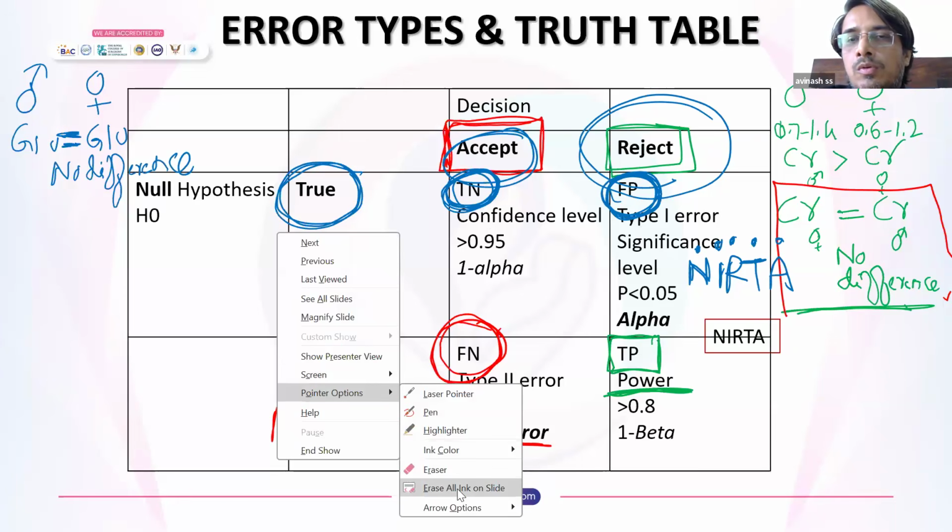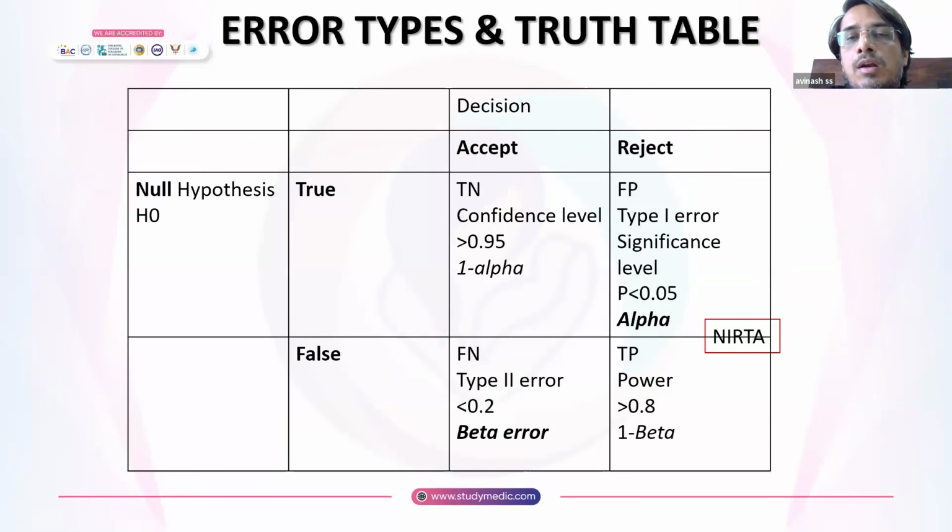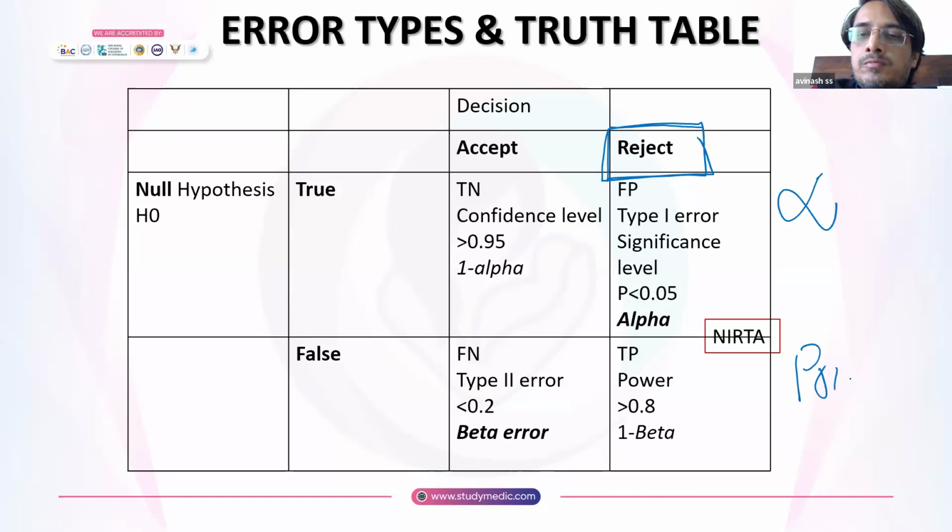Now, if you have to summarize this, this is the null hypothesis statement they will give and ask us to identify. How do we identify what it is? Okay, so whenever the word rejected comes, null hypothesis is rejected, either it is alpha error or it is power.